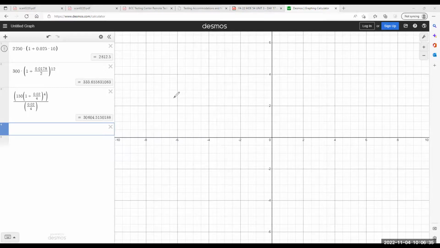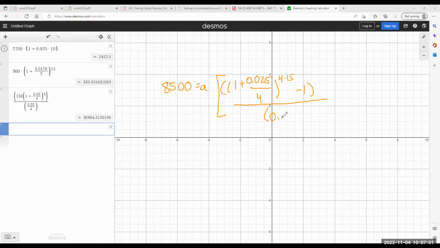Okay, so if I write all this out as is, E is equal to A, 1 plus B divided by C, to the CD, minus 1, all divided by B divided by C. So I'm writing all that out.